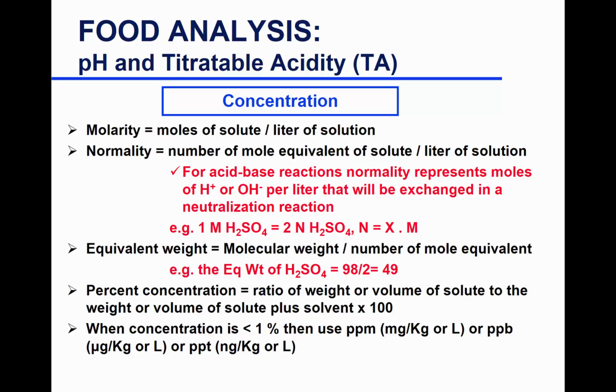But if you have juice, it will be per volume, so it would be like grams per 100 milliliters. And sometimes if the concentration is very much less than 1%, instead of reporting it as a percentage, we report it as parts per million, which is equivalent to milligram per kilogram or milligram per liter, or microgram per milliliter. Parts per billion or parts per trillion. So you can go down to parts per trillion as well in reporting concentration.